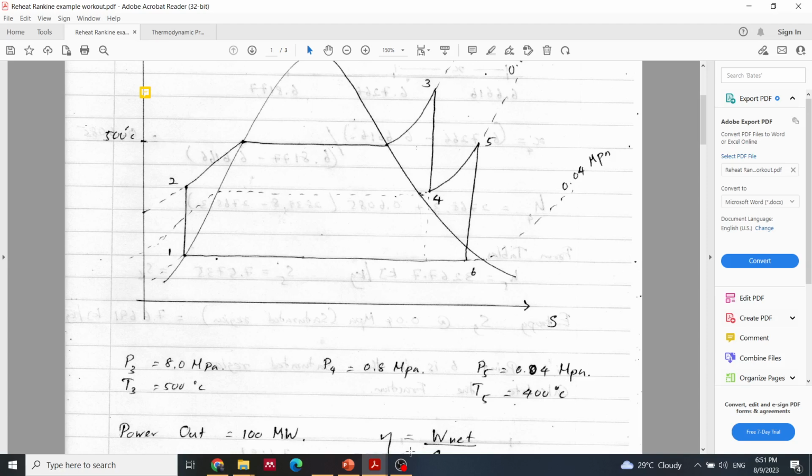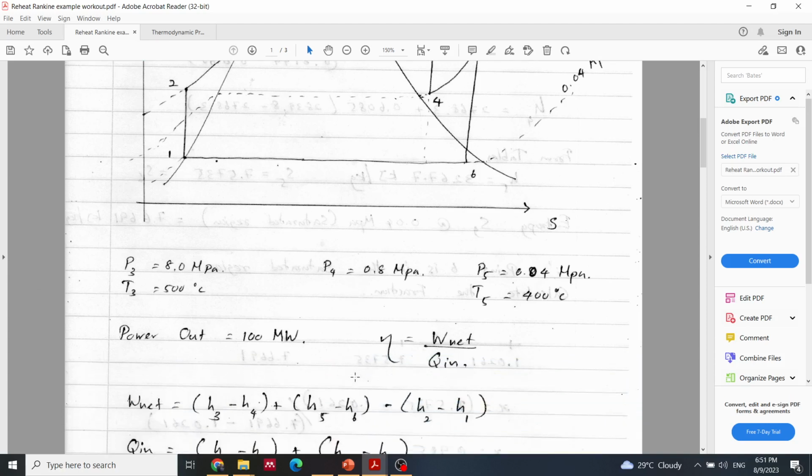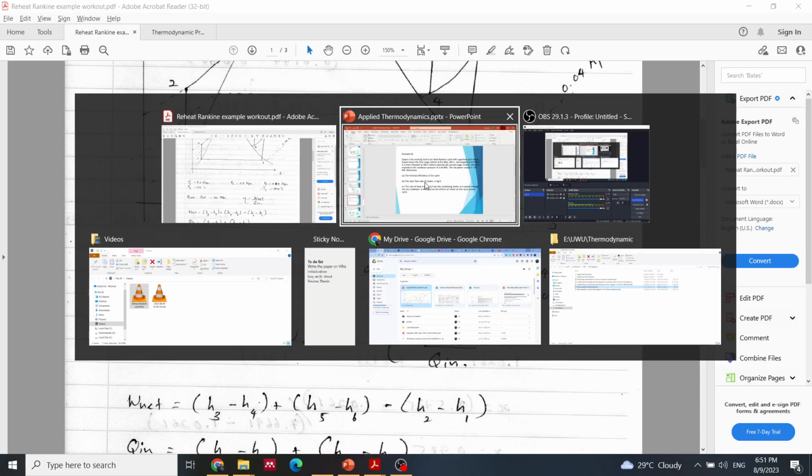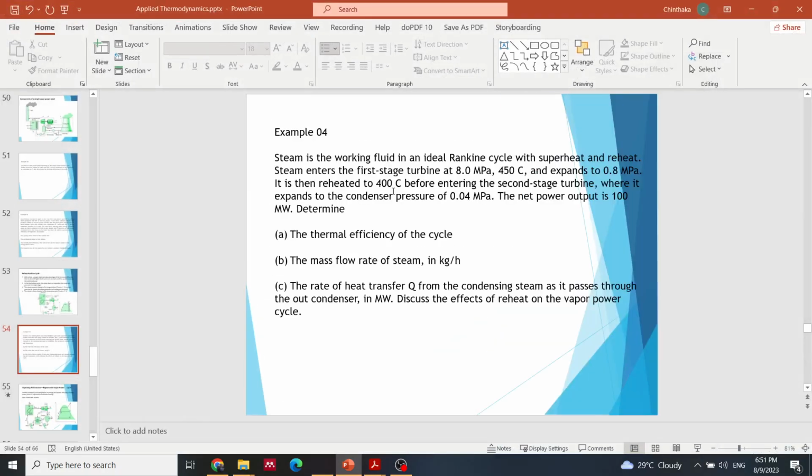So these values are given in the question. The first section, section A, is to calculate the efficiency. Part A is the thermal efficiency of the cycle.